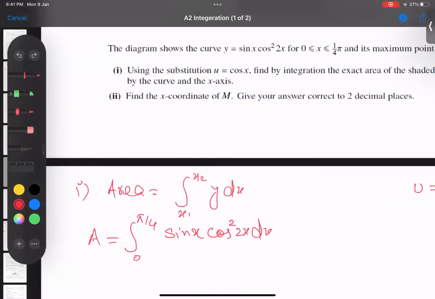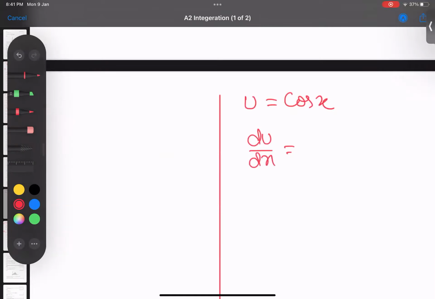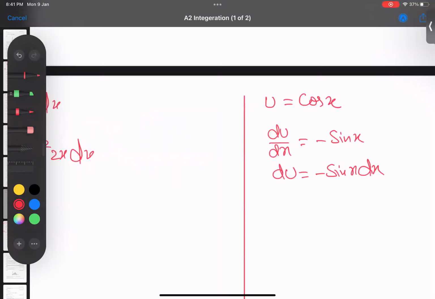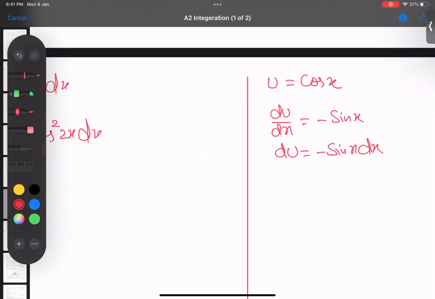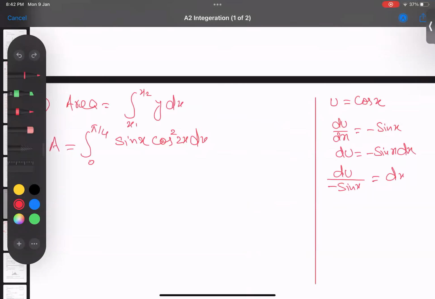Negative sine x. Now dx multiplies there. du is equal to minus sine x dx. And then I will make du over minus sine x equal to dx. In short, I made dx the subject. Why? So I can replace this value here.